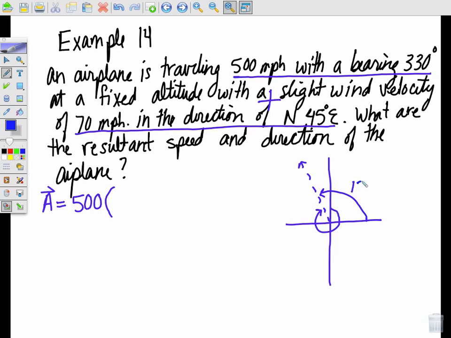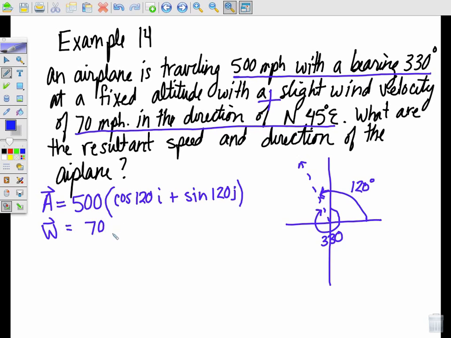What that means is the angle from here to here is 120. If all the way around is 330, then there's a difference of 30 degrees to the left of the y-axis, so that's 120 degrees is what we're looking at. So the directional vector would be cosine of 120 i plus sine of 120 j. Okay, there's your airplane vector.